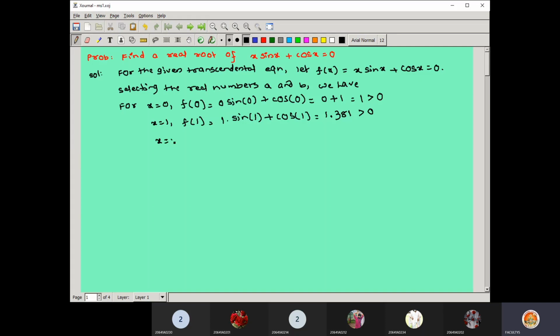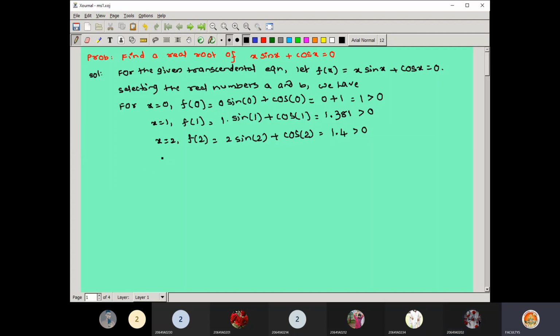Now go for x equal to 2: f of 2 is 2 sin 2 plus cos 2. With the help of your calculator, the answer is 1.40, which is also greater than 0.